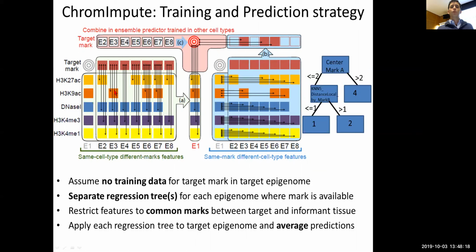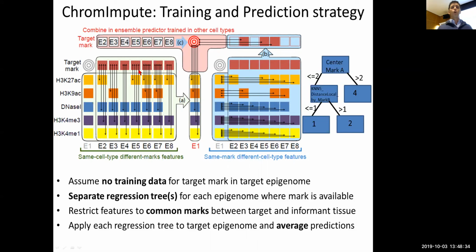And in that cell type, what is it most correlated with? And in that cell type, what other marks is it most correlated with? And therefore, you can learn a predictor in each of these other cell types for that mark that you're trying to predict. Who's with me on the left side here?